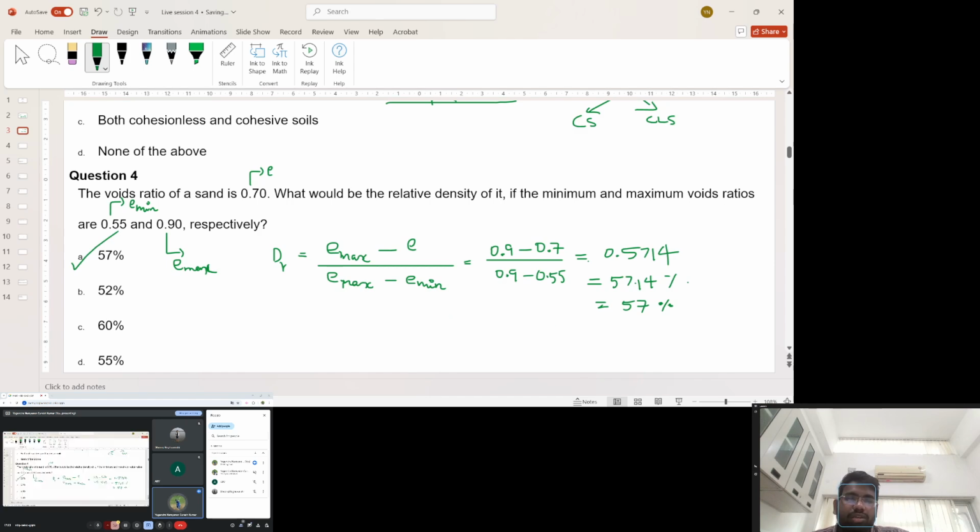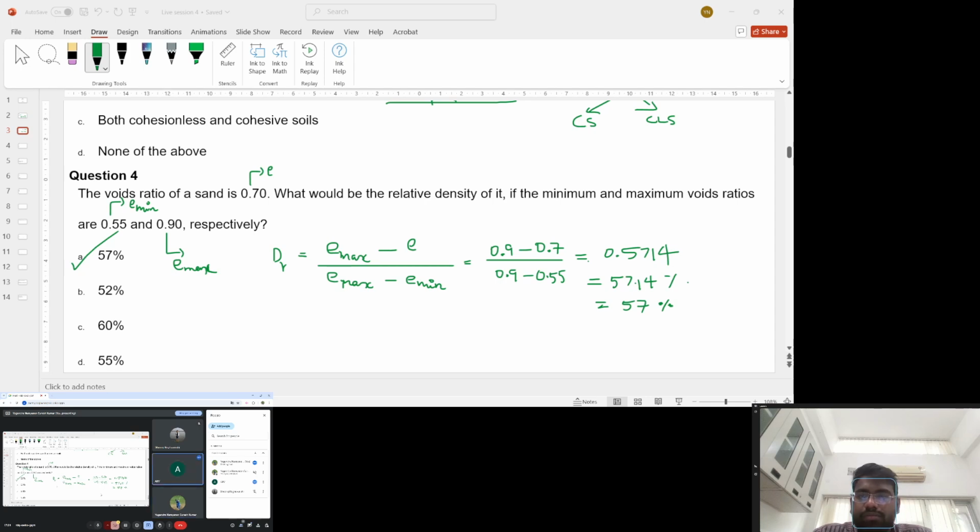How are e max and e min determined? By vibrating the sand samples in the laboratory with weight and without weight. With weight, you will get e minimum.